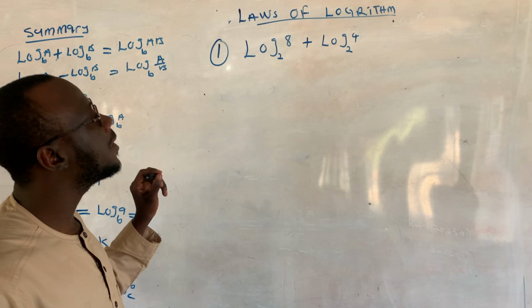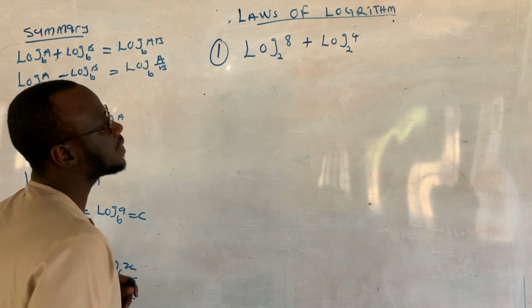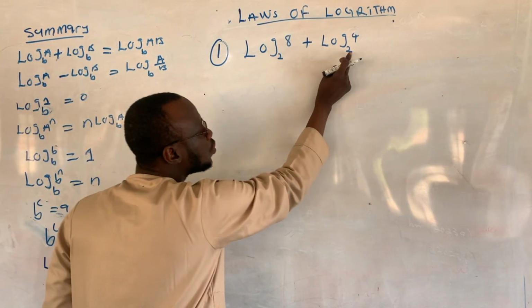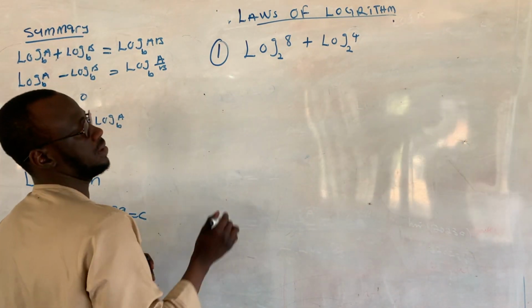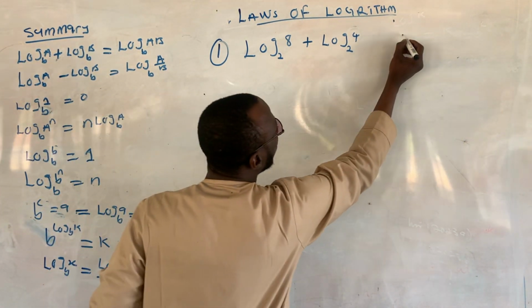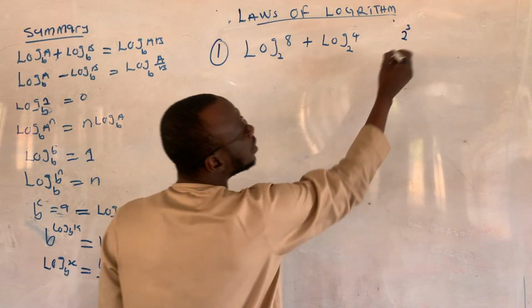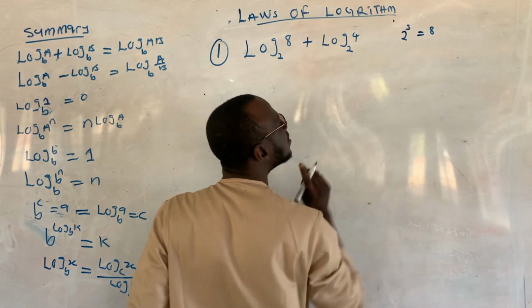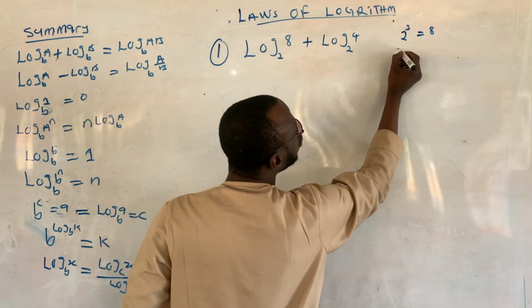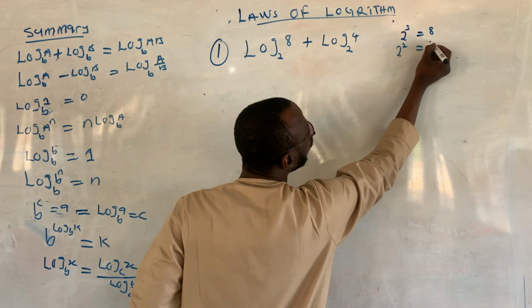The first way is that we all know that since here is 2, here is 2, 2 to the power of 3 is 8, and 2 to the power of 2 is equal to what? To 4.